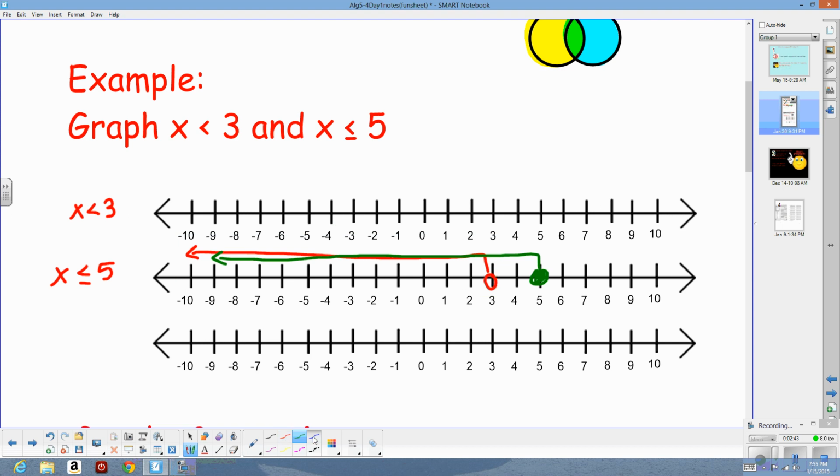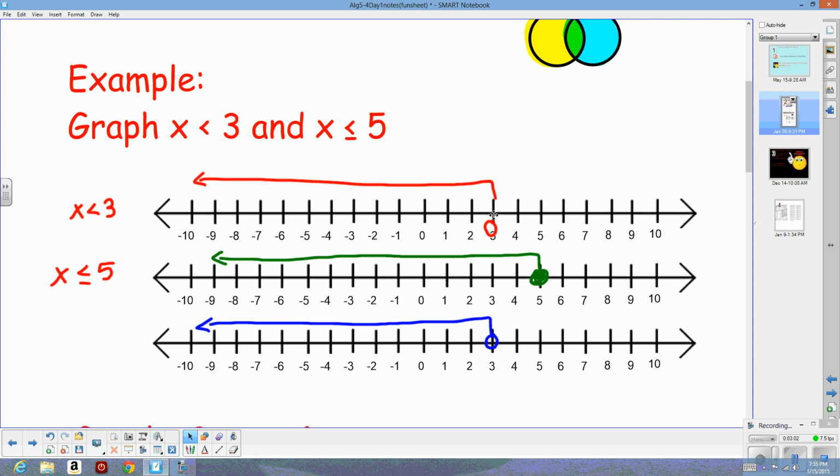So the solution to this compound inequality, where they overlap, is starting at the number 3, but not including 3 because this is not filled in. All the numbers to the left. So if you visualize the first one on top of the second one, the place where they overlap, that's the intersection.